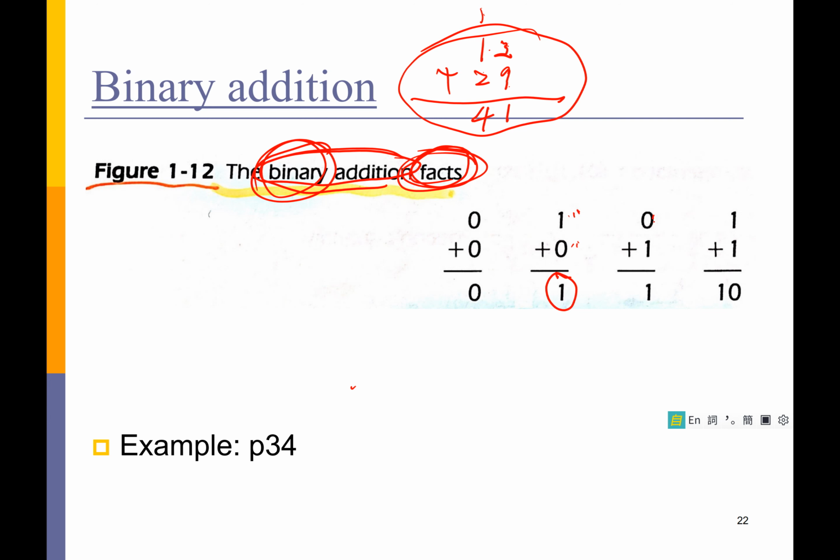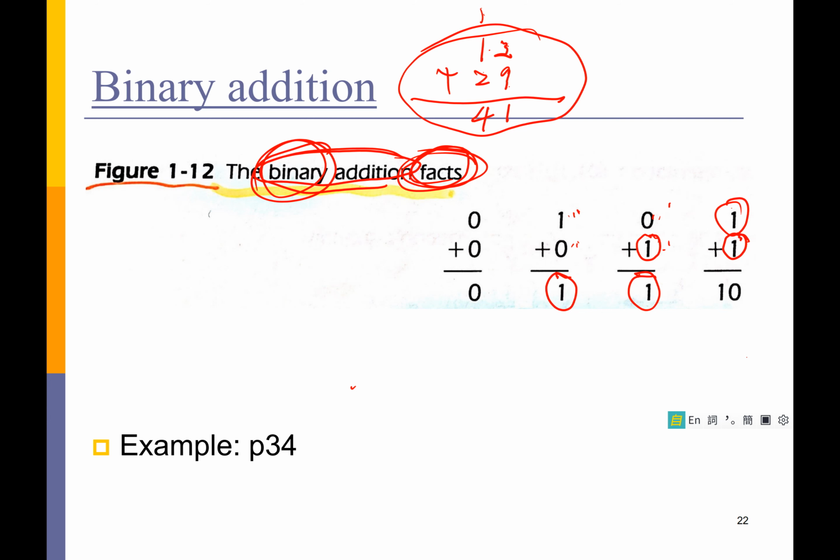If you have a 0 plus a 1, you get 1. If you have 1 plus 1, you get 2. No, it's not 2. The symbol 2 cannot be used in the binary system.